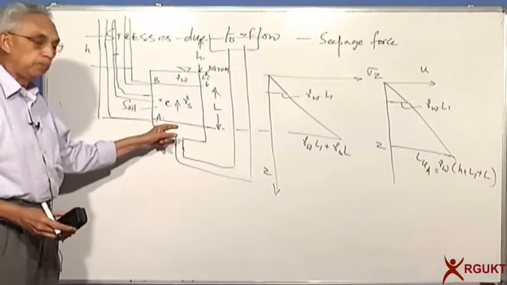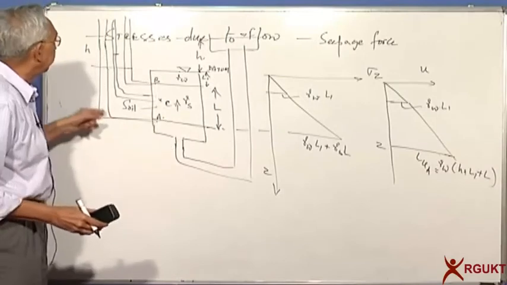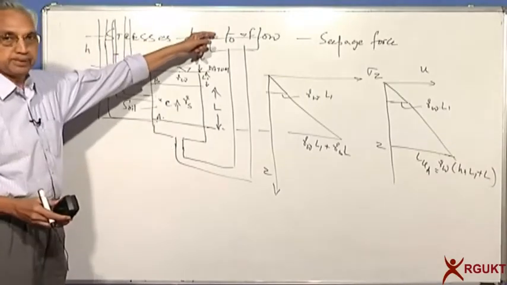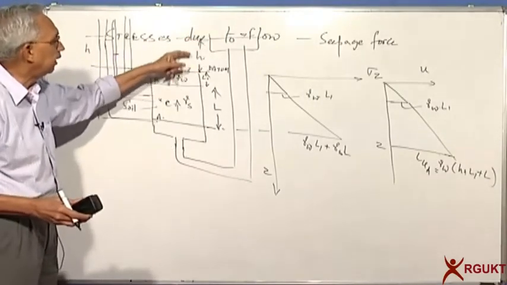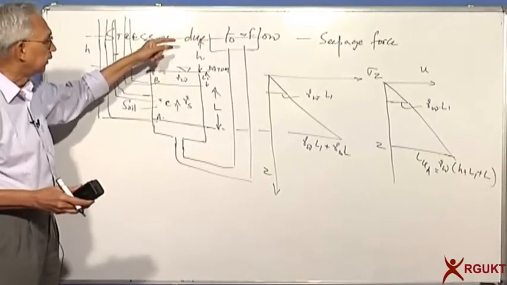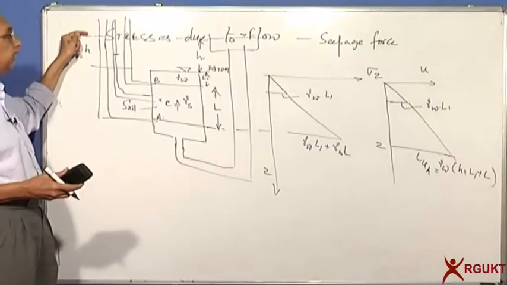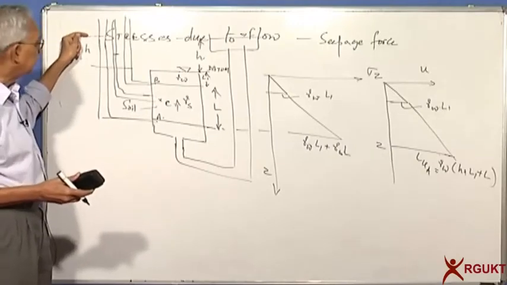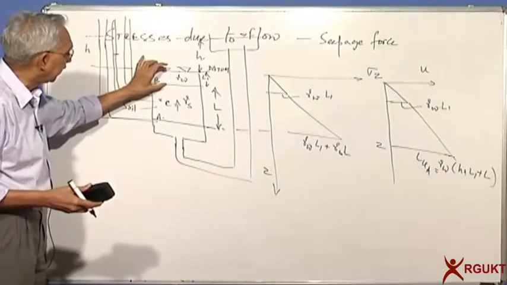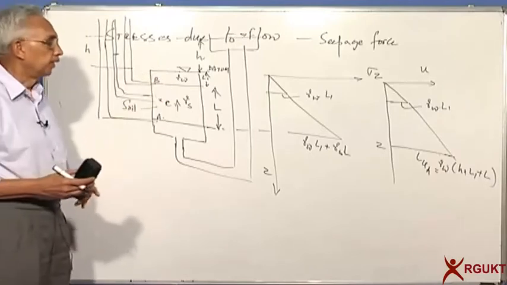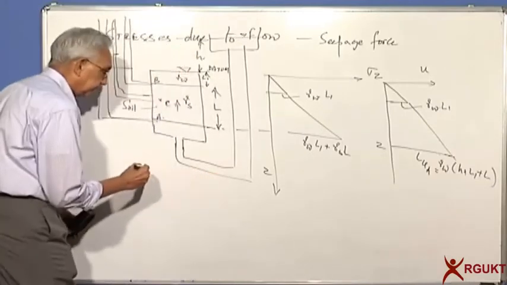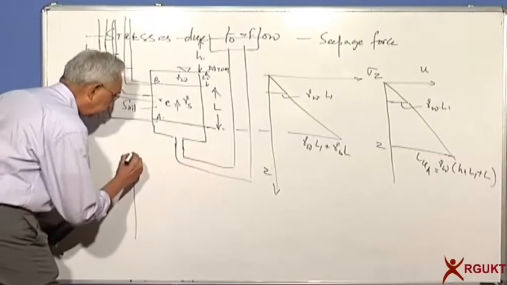The pore pressure here is connected to the upstream reservoir, which is at a height above the downstream one. So the water pressure here would be equal to whatever is the corresponding level of the water here, H plus L1 plus L. Now can I calculate the effective stress so that I can plot?